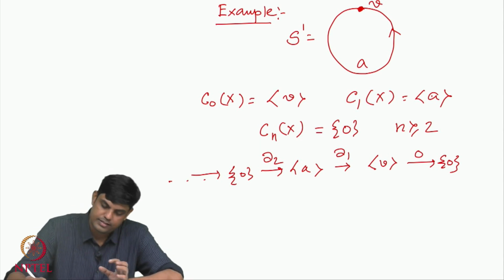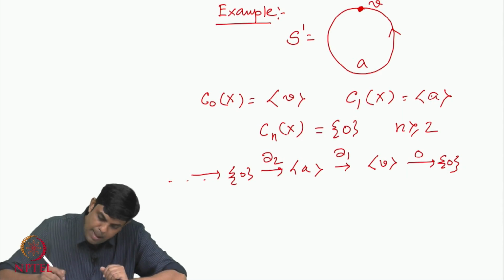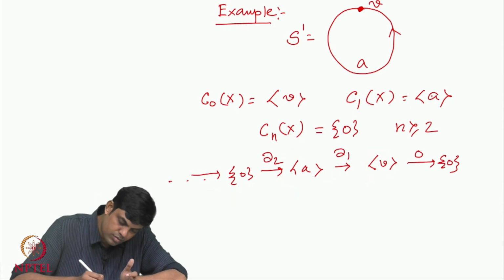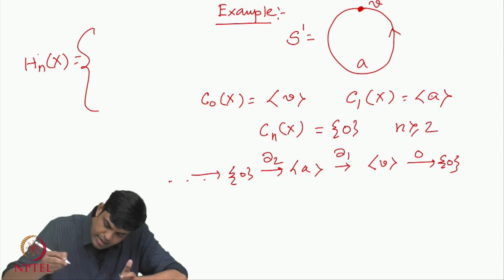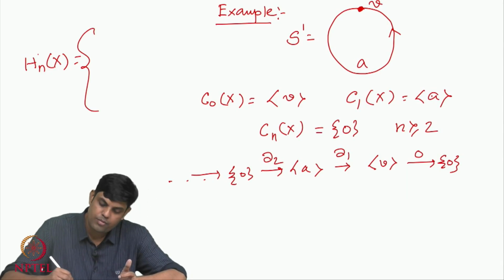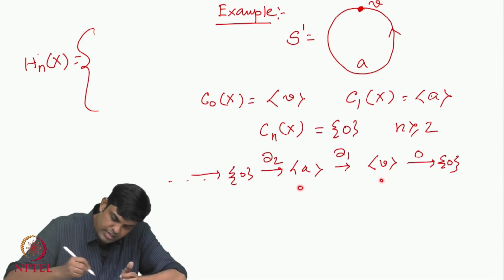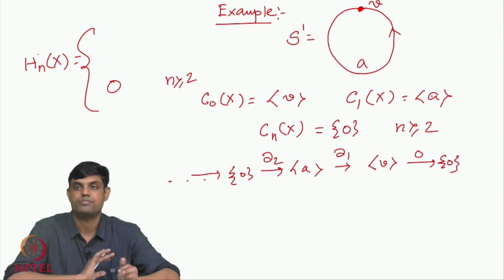So, all I have to worry about is what is happening at these two stages, everything else is 0. If I am looking at H_n(X), this is the 0th step, this is the first step, so for n greater than or equal to 2, everything else is 0. This is just trivial.